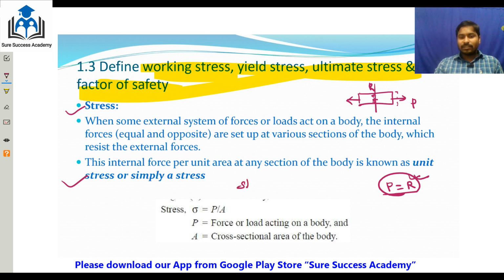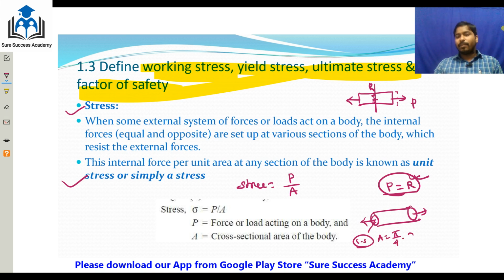So stress is equal to the internal resistance, which is nothing but the applied force P divided by A, where A is the cross sectional area. Suppose you have a round bar, this is the cross sectional area. For a circular bar it is pi by 4 d square.